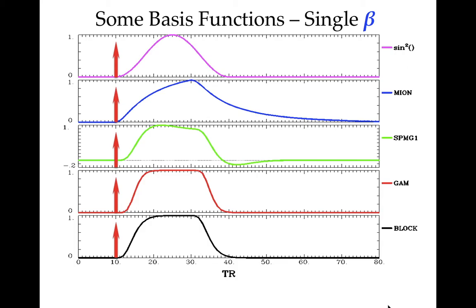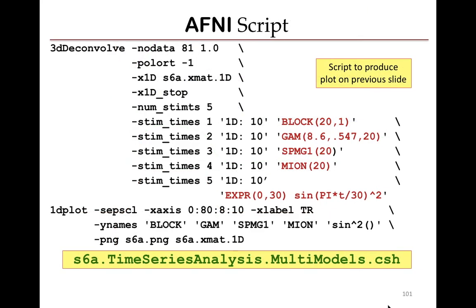The Myon shape is considerably different because it's a pharmacological agent that takes time to have an effect up and down. And the sine squared is just for fun, as I said, and it looks cool. And the script for producing these plots is given here, and you can download these from the AFNI website.